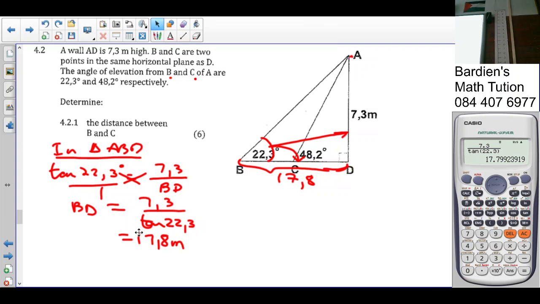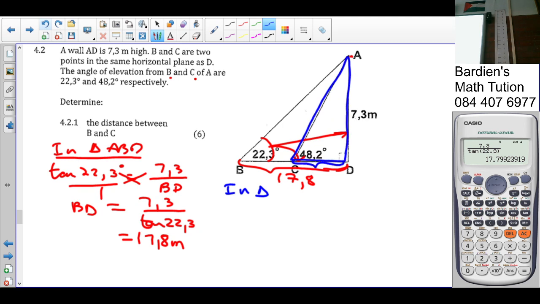Right, let's look at the other triangle. In that triangle we're going to calculate CD. Not so? Which trigonometric function uses opposite and adjacent? Tan. So we say tan 48.2 is equal to opposite 7.3 over CD.